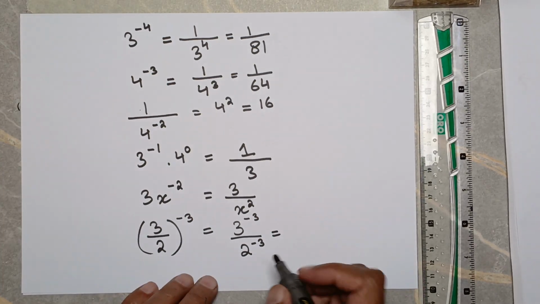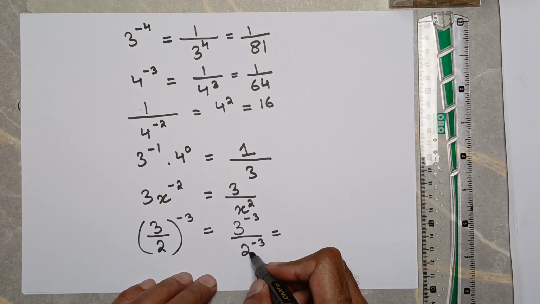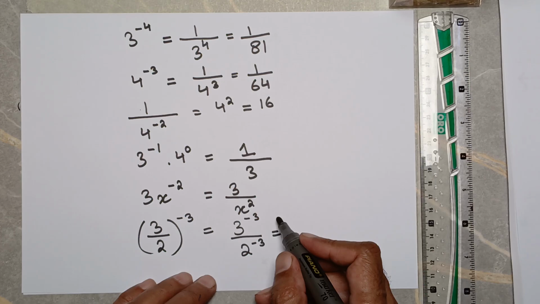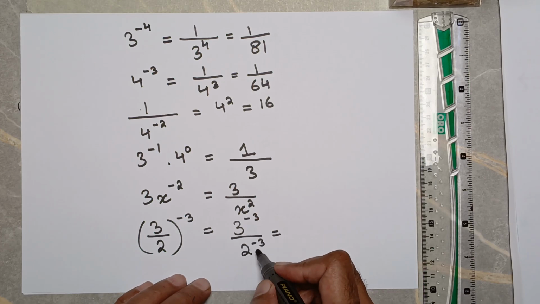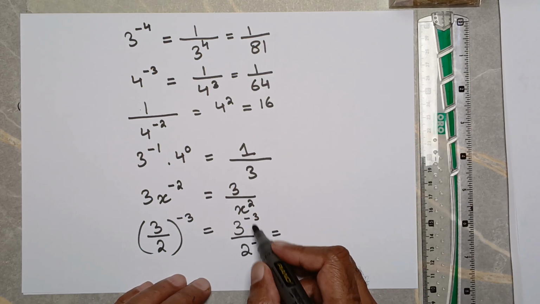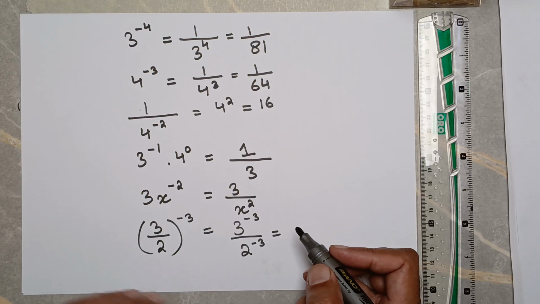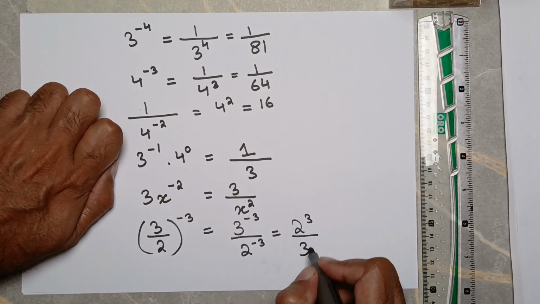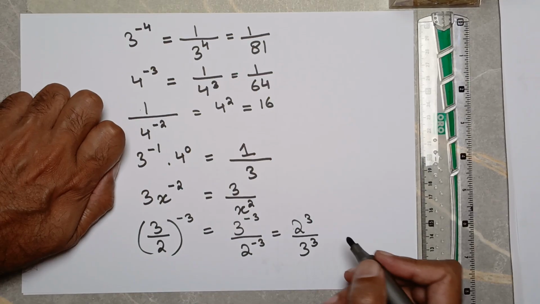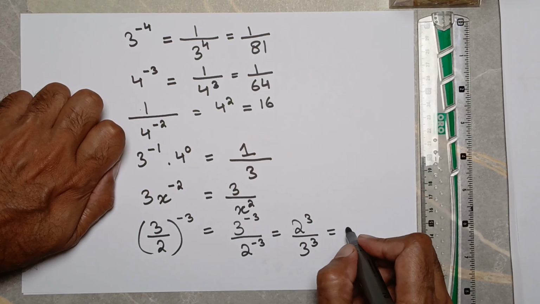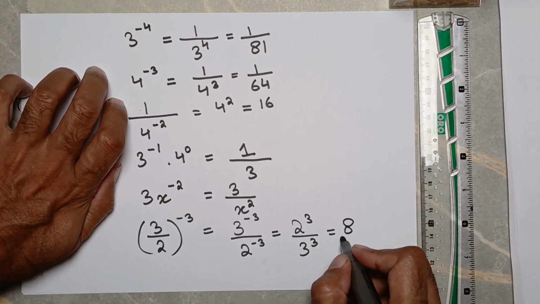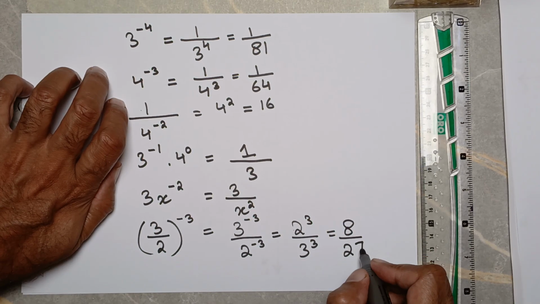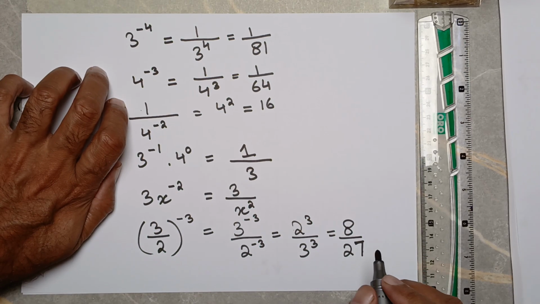Now if I flip this fraction and move this 2 raised to the power -3 towards the numerator side and 3 raised to the power -3 towards the denominator side, both the exponents will get a positive result: 2 raised to the power 3 and 3 raised to the power 3. Now look, it's quite simple. 2 cubed gives you 8, and 3 raised to the power 3 is 27, so your answer is 8 divided by 27.